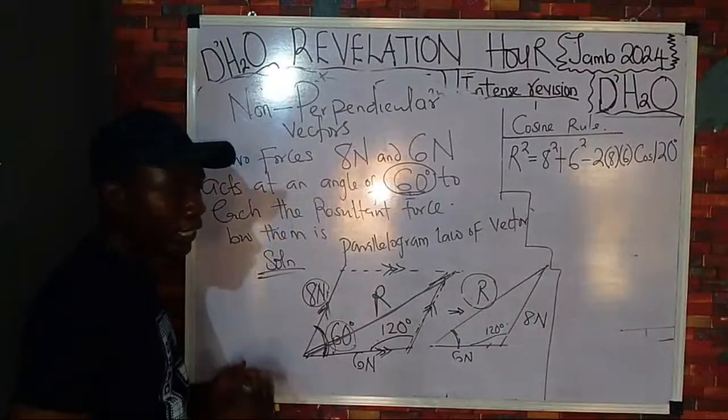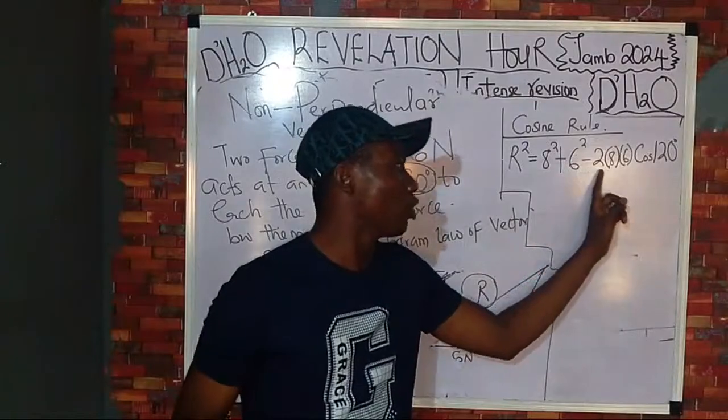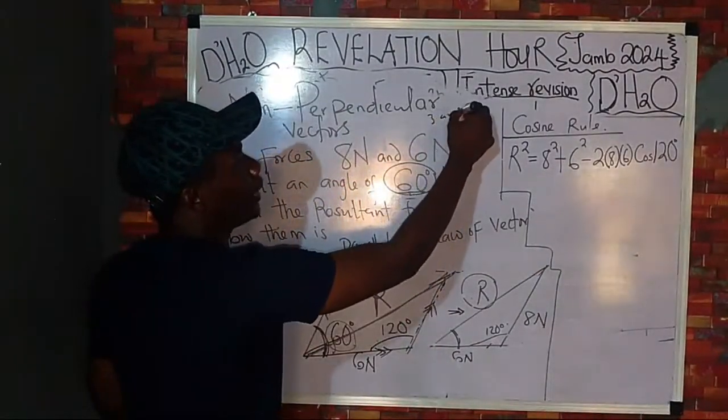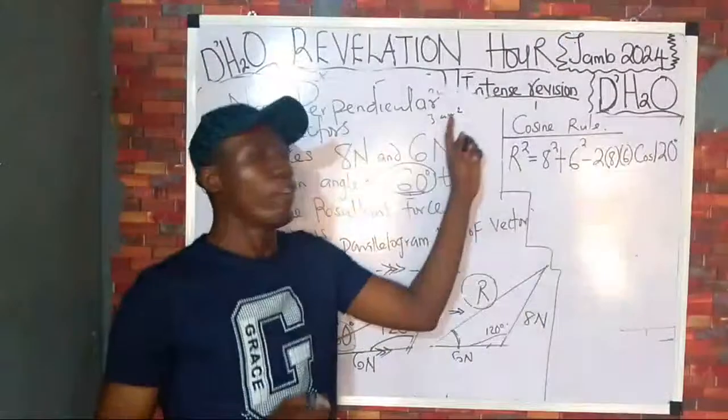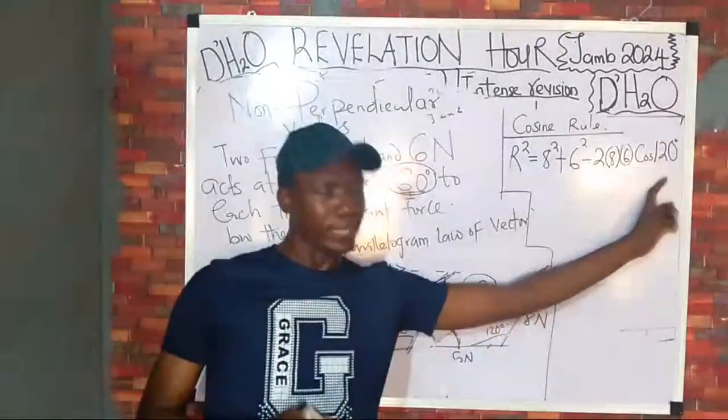You see, it is very cheap. That means if the two forces are 3 and 4, it will be 3 squared plus 4 squared minus 2 times 3 times 4.